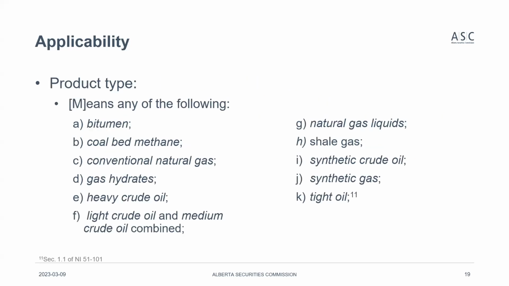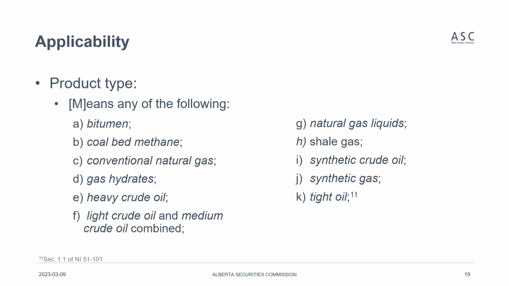I mentioned product type just a moment ago in the definition, and I mentioned those being hydrocarbon substances. This is the listing of all the substances that are currently recognized as product types. Each of these has its own definition.